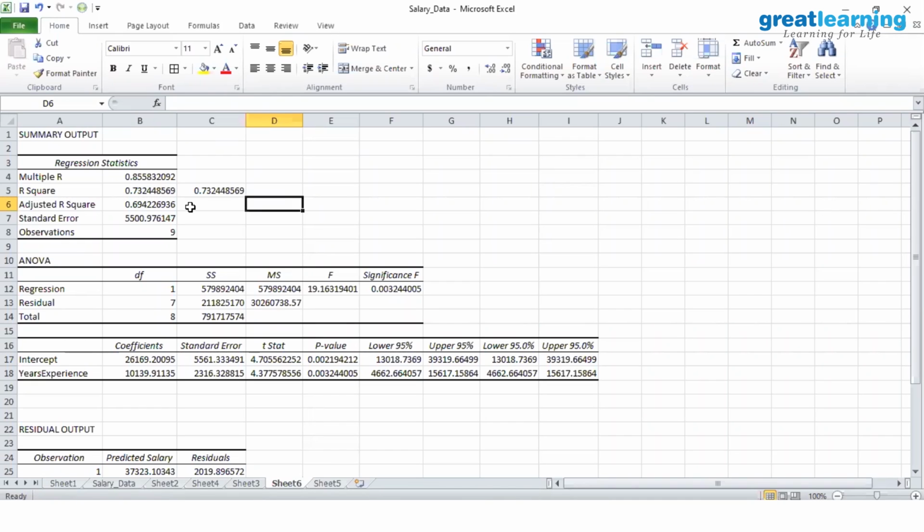For example, there is a population data, and there is one variable which is not contributing to the dependent variable. But by drawing a sample from that population, there is some contribution shown by that independent variable.